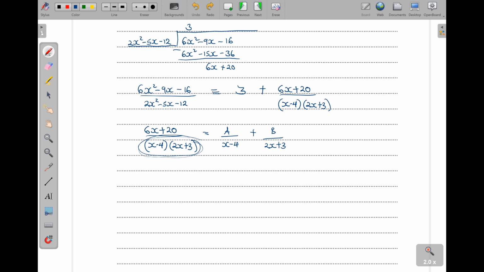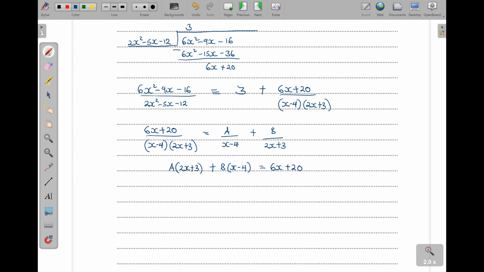So, in fact, not to waste time, you just multiply this and this, then this and that. So we have a into 2x plus 3, then plus b into x minus 4. Then this one will be equal to the numerator we have there as 6x plus 20.